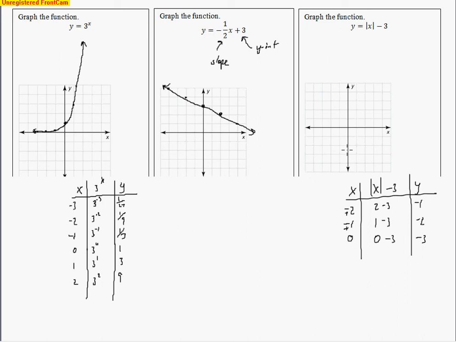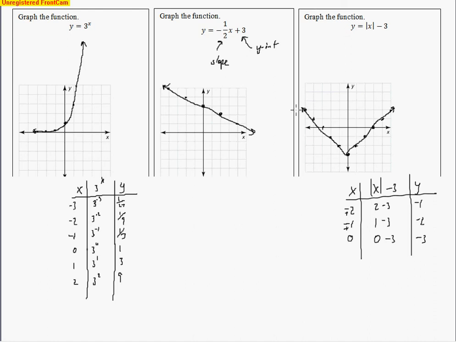So I see it starts down here at negative 3, and if I go over 1 space to the right or left, I'm going to go down 2 spaces. And then over 2 spaces, I'm going to go down 1 space. So I get the idea about what it looks like. I'm assuming it goes like this, since it's a perfect V shape. And that's the graph we end up coming up with there.